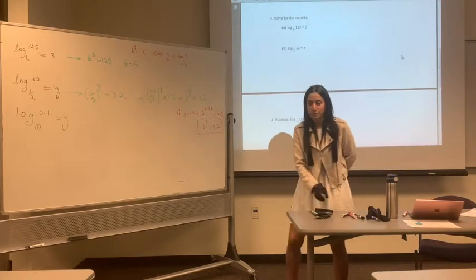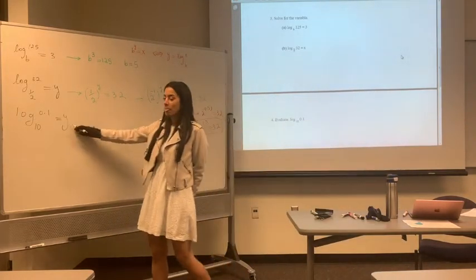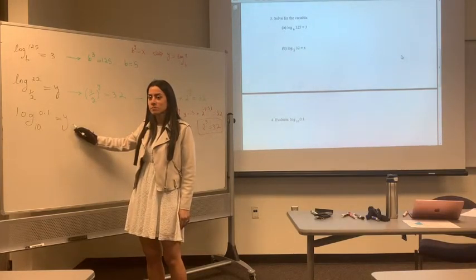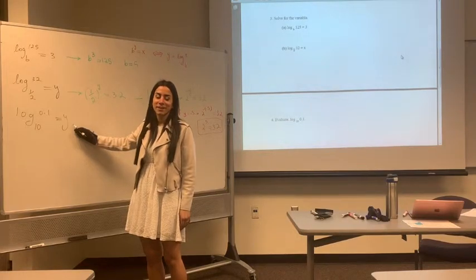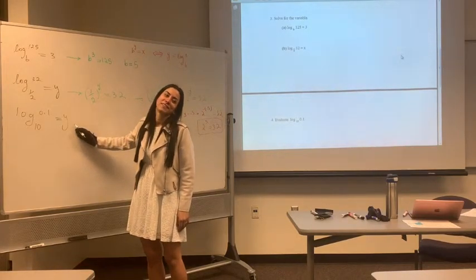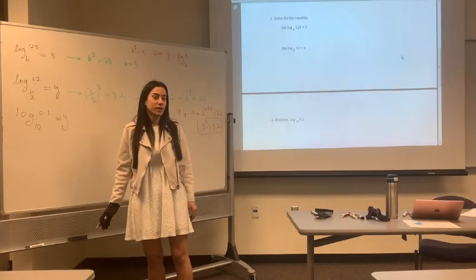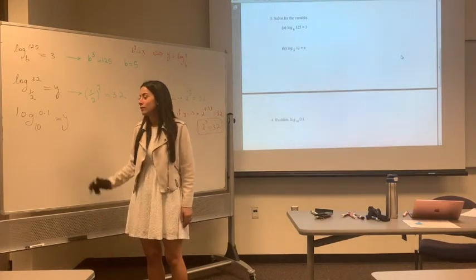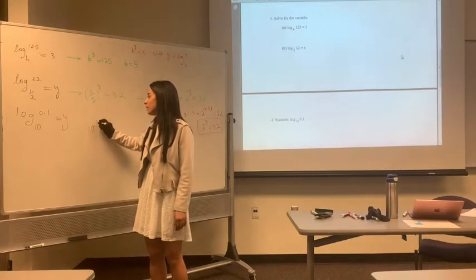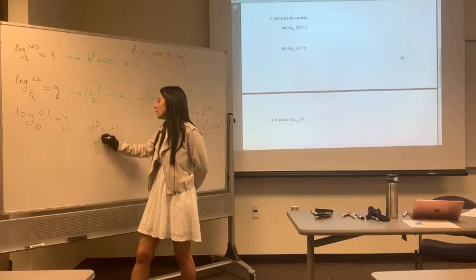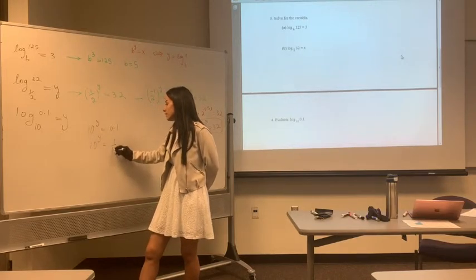So the last one, what is your answer here? Y is 10 power something is 0.1. 0.1 is 1/10, right? Maybe that helps you. 10 power y is 0.1. 10 power y is 1/10.